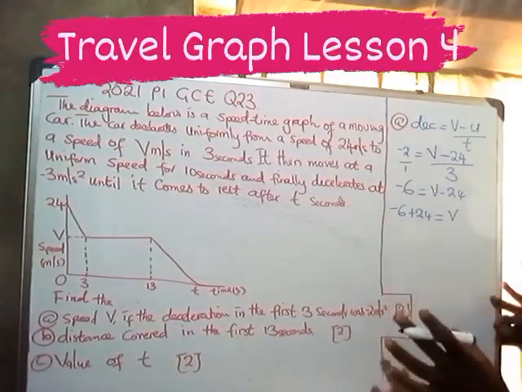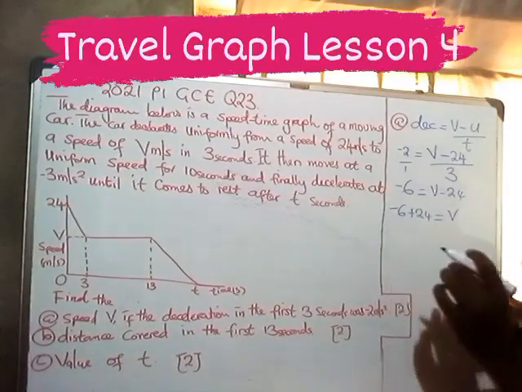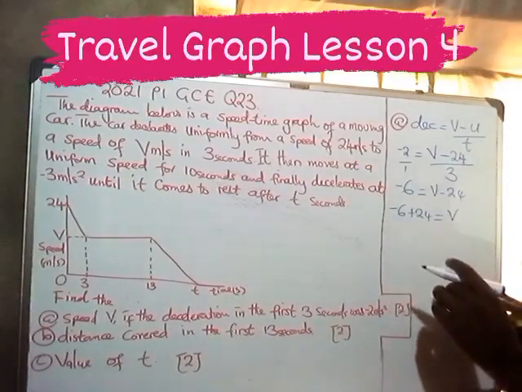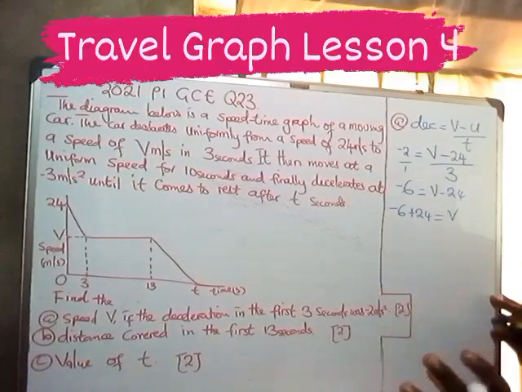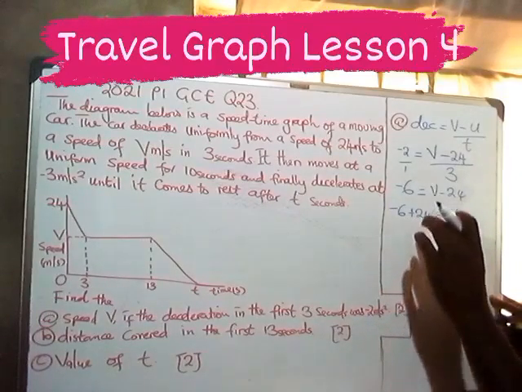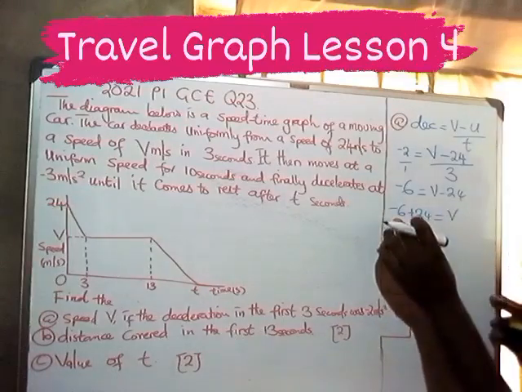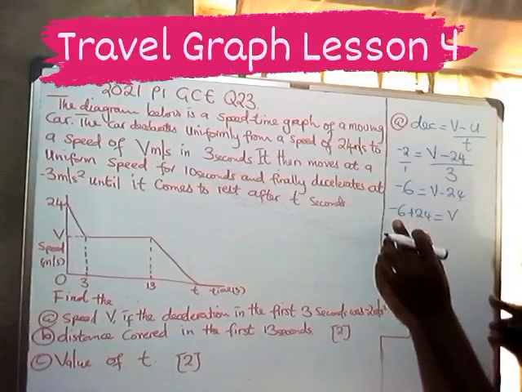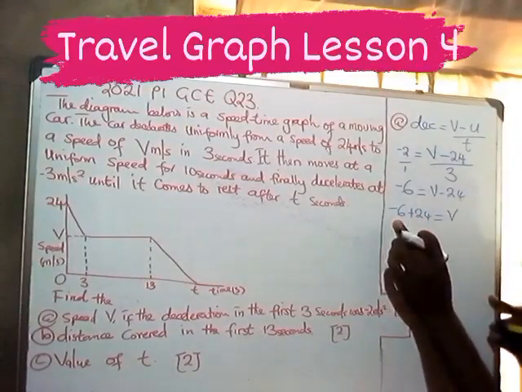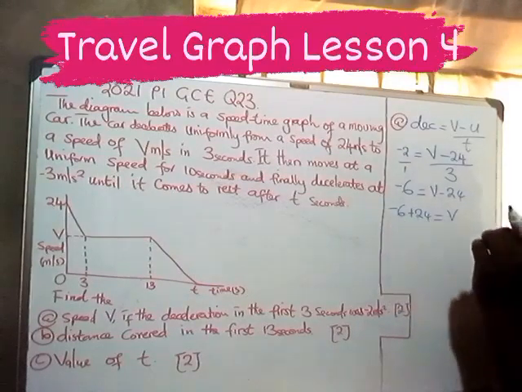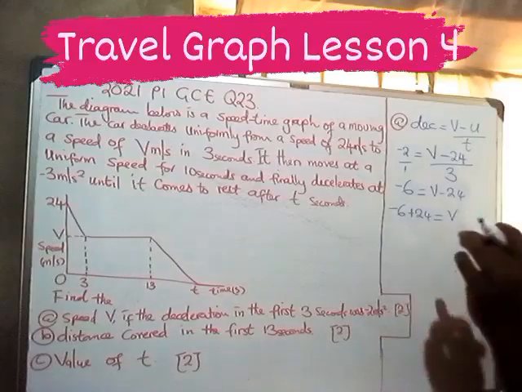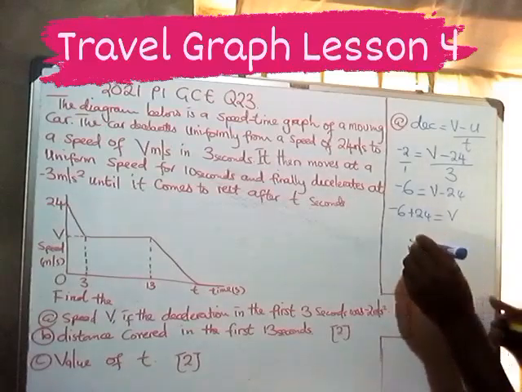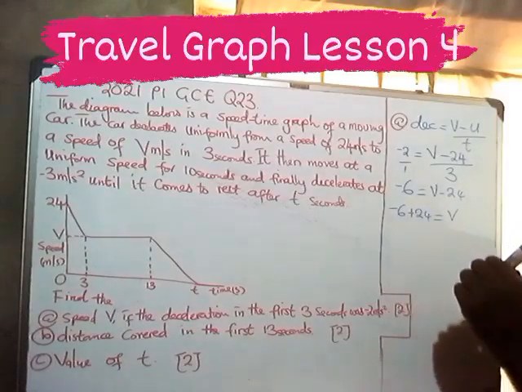Now when we reach here, we will say -6 plus 24. For the sake of integers, when you have two numbers with different signs, you take the sign of the bigger number, then you subtract the two. So 6 and 24, 24 is the bigger number, and the sign of the bigger number is positive.